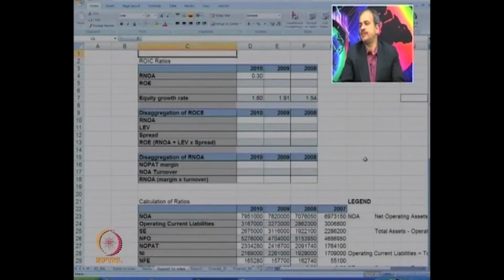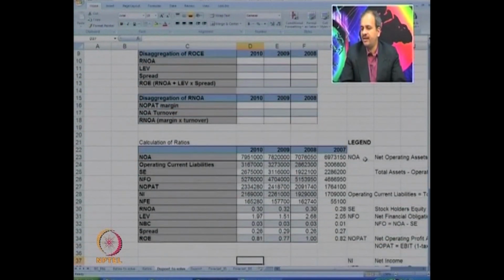In this case, we had started the calculation of RNOA. As you are aware, it is return on net operating assets. So, it is equal to D30. We have already calculated this RNOA, if you remember. Here we have calculated it as D27 upon D23 plus E23.